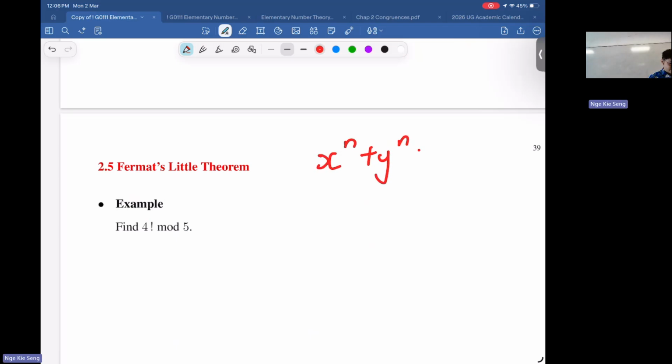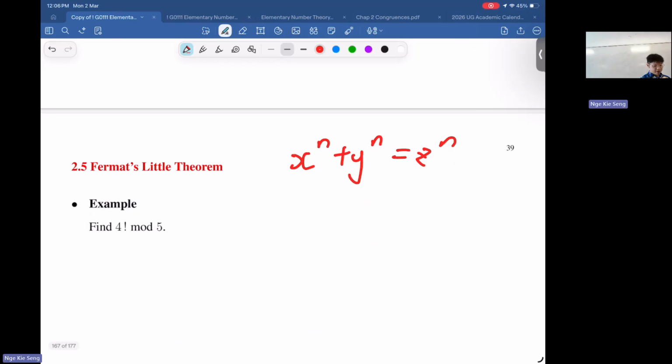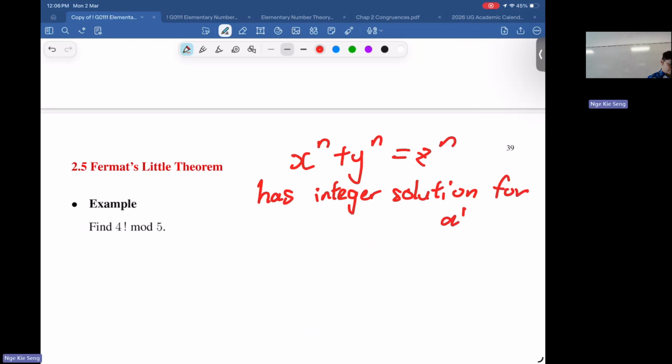Let's say we want to solve x^n plus y^n equals z^n. Does this equation have an integer solution for all positive n? One kind of equation in this form you are very familiar with is the Pythagorean theorem, a squared plus b squared equals c squared.